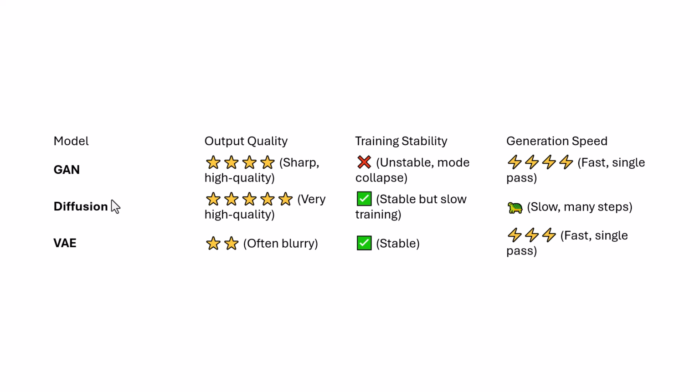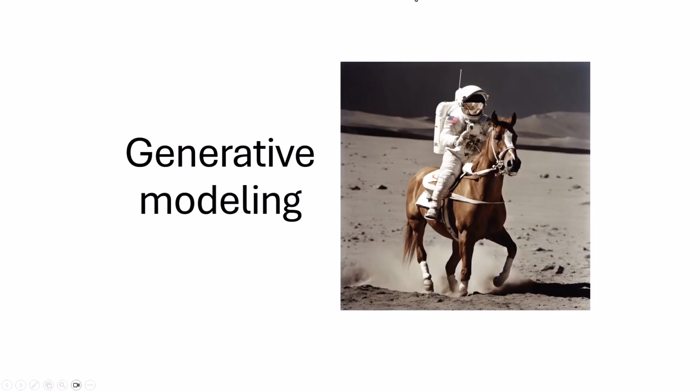For example, you can give it a text input, or maybe a mask, or some drawing, anything, to control what the generated output is. For example, here I give it a text like an astronaut riding a horse, and it generates it for me.